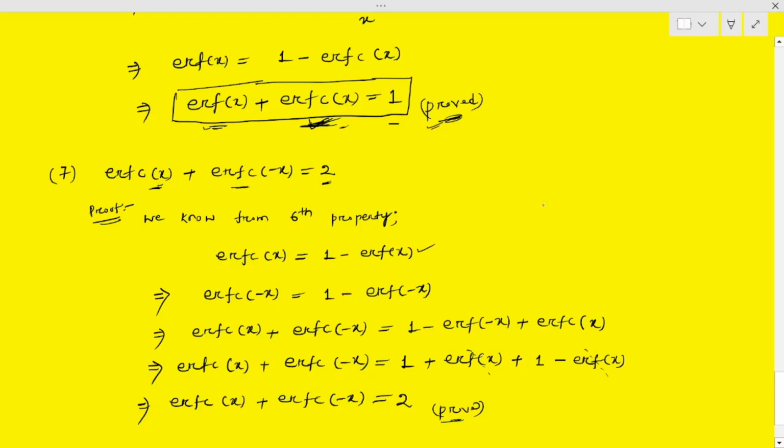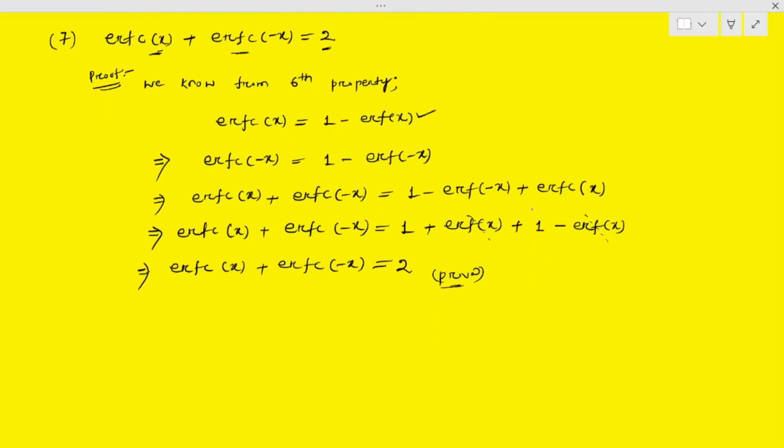So obviously complementary error function of x will be equal to 1 minus error function of x. Here I wrote, that implies complementary error function of minus x will be equal to 1 minus error function of minus x. Now both sides of this equation I added, complementary error function of x and complementary error function of minus x.